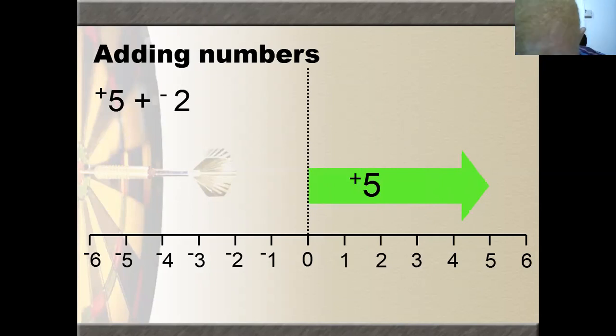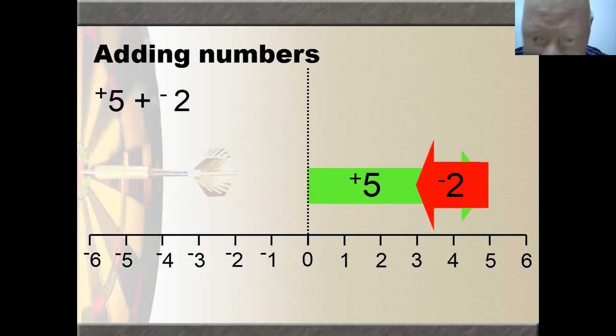From where my +5 ends, that is where I will start counting -2. -2 is to move 2 steps in the opposite direction. Don't start from 0. If you start from 0, you are not operating addition on the two numbers. It is where that +5 ends that you have to start with your -2. And -2 simply means you are counting 2 steps backwards in the opposite direction.